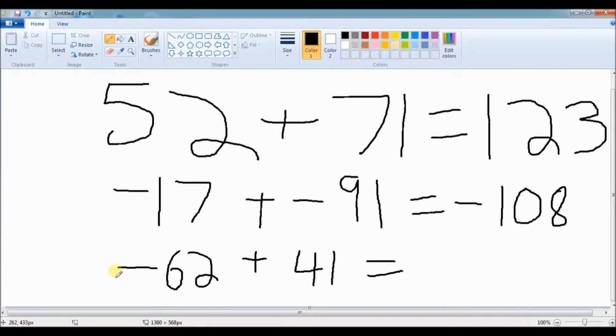The negatives win, so we're going to have a negative answer. And how much do they win by? Well, if we canceled out 41 of these 62 negatives, we would have the difference of 21. Negative 21 would be the answer. 62 minus 41. Negatives win by 21.